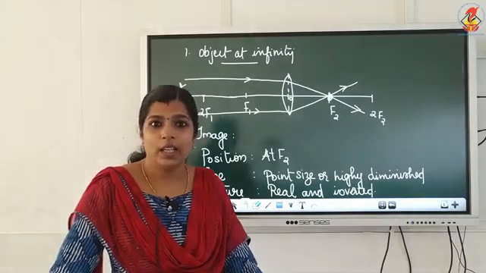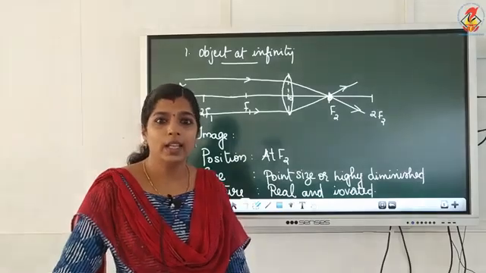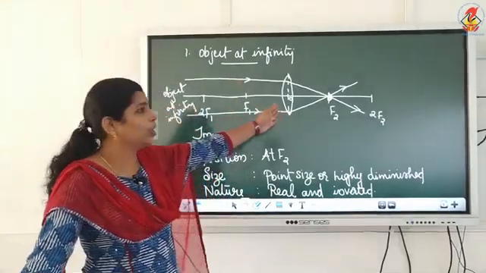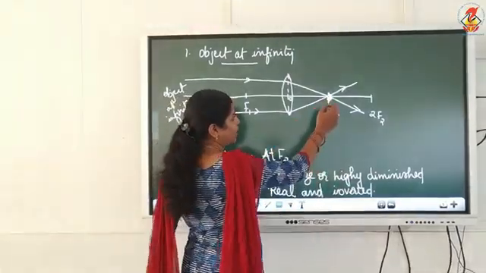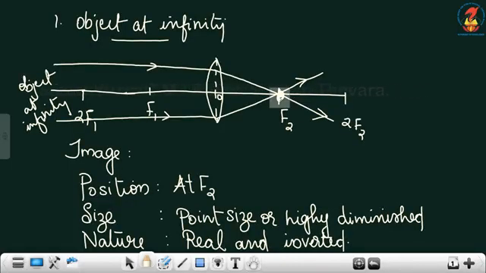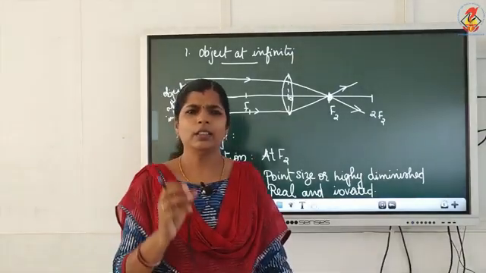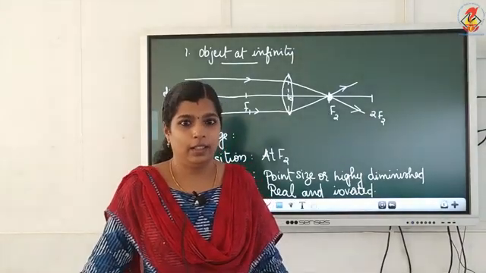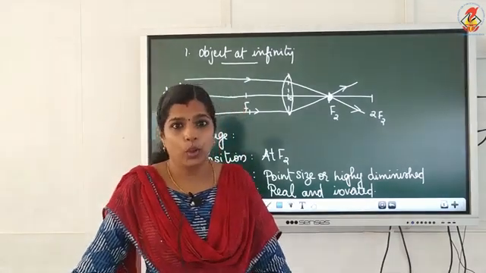So, the light ray from the sun is parallel to the principal axis and it will pass through the convex lens, and a bright image of the sun is formed at this point. So, that is the principal focus. The bright clear spot of the sun is formed at F2.